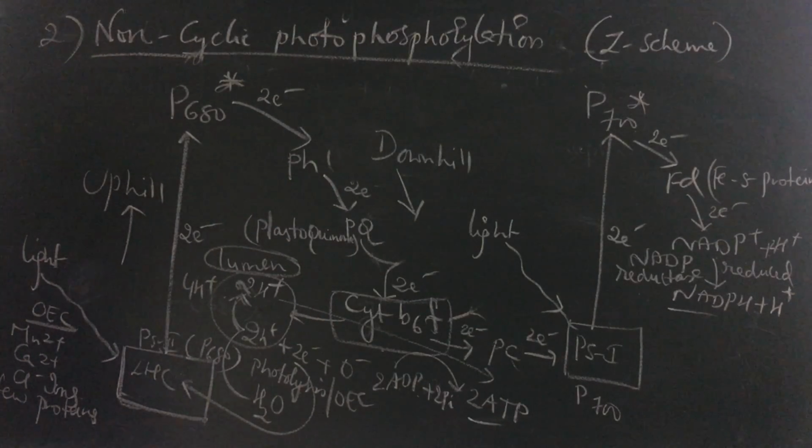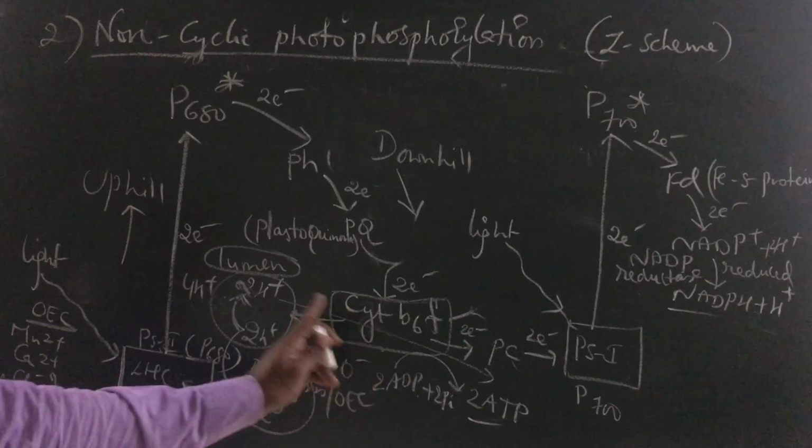Okay, right. So how these ATPs are getting formed, that is what I told you we will discuss in the chemiosmotic hypothesis. What we study is nothing but how we can generate these ATPs with the protons.